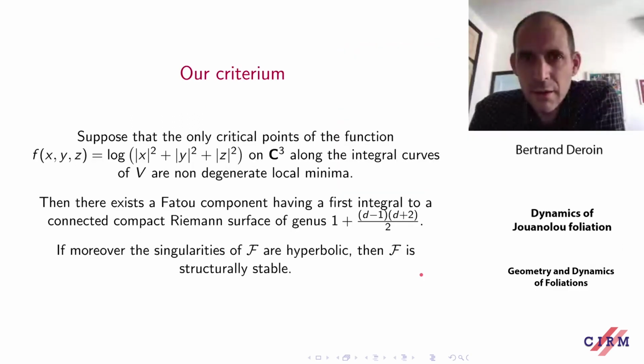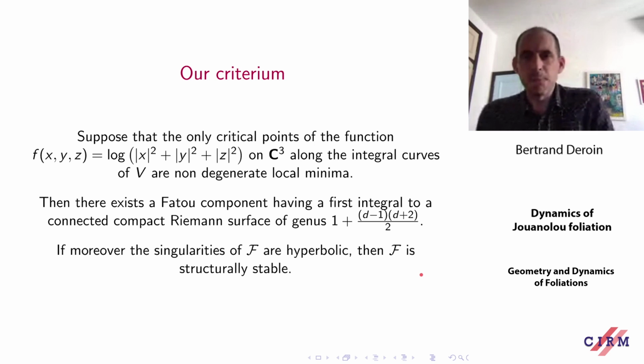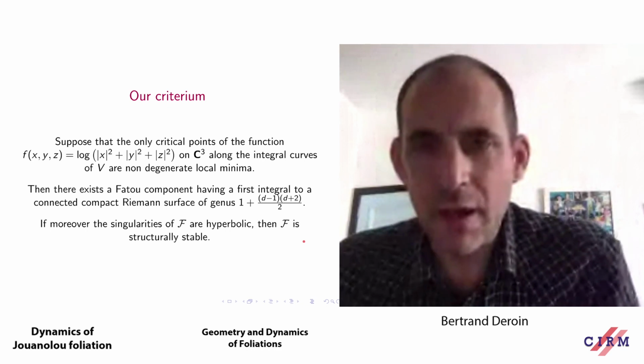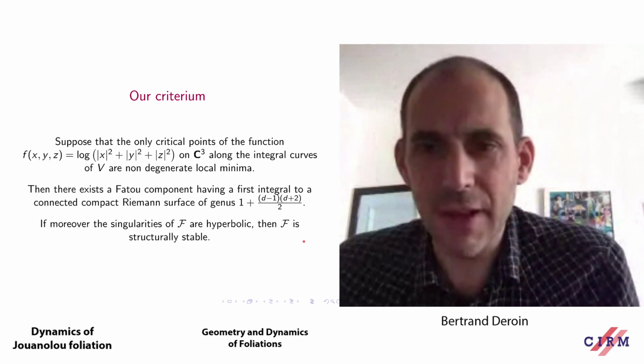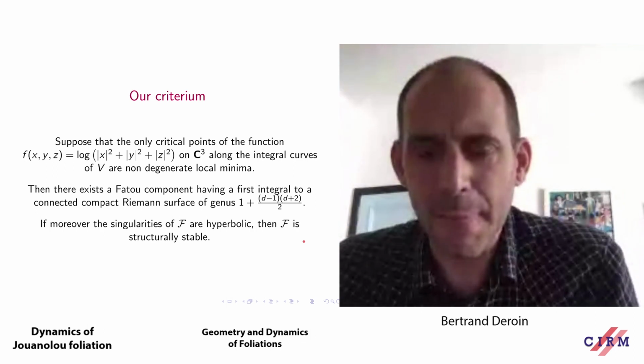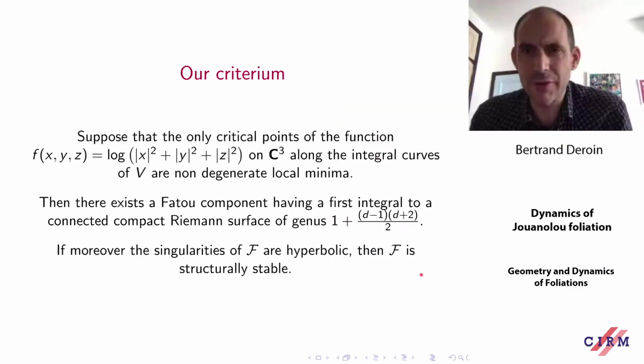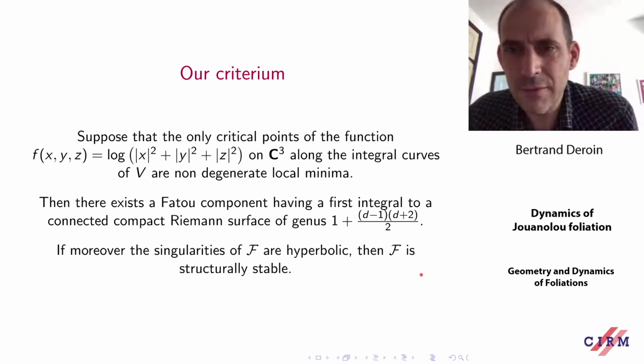Your criterion does not seem to give you any information about that, or it does."

It does. The criterion is that if this function only has local minima as critical points along the V trajectories, then you have both conclusions: the existence of a Fatou component, and, if you assume also that the singularities are hyperbolic, that the global foliation is structurally stable. You have both.